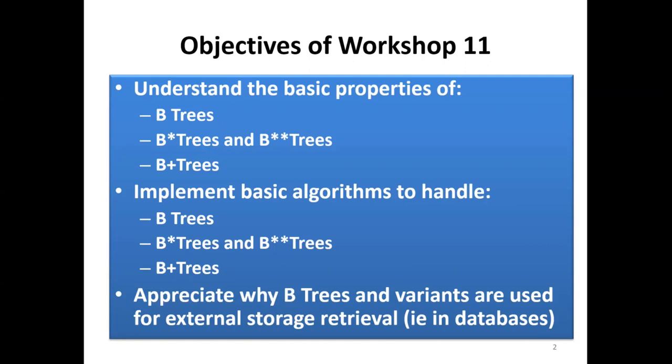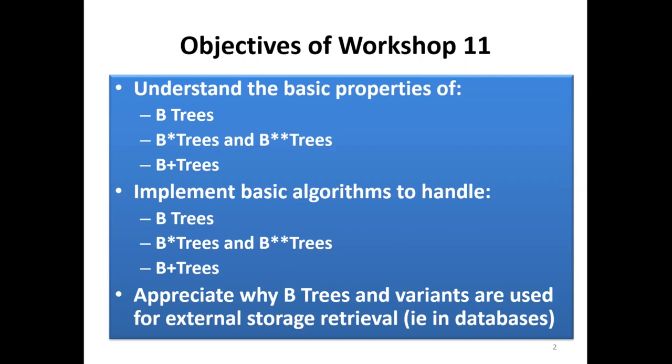We will look at the basic properties of a B tree, and we'll also look at the basic properties of a B plus tree. Once we are done with the properties, we will introduce the algorithms to handle B trees and B plus trees. Under this, we will talk about how we can search for an item in a B tree or a B plus tree.